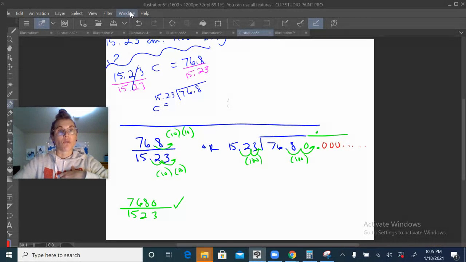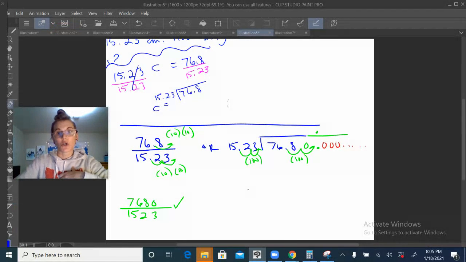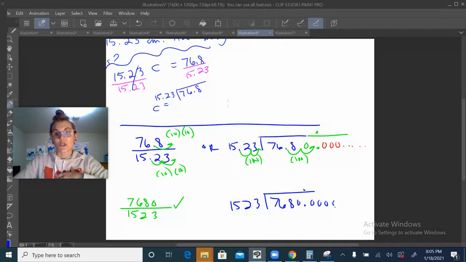So let me rewrite what we're actually dividing by just to make it more clear. 76.8 divided by 15.23 is the same thing as 7680, I know I'm not mathematically saying that correctly, it's just easier to see the digits, divided by 15.23. And then again, here's my decimal, move it up. And then as many zeros as I need. And then these match up.